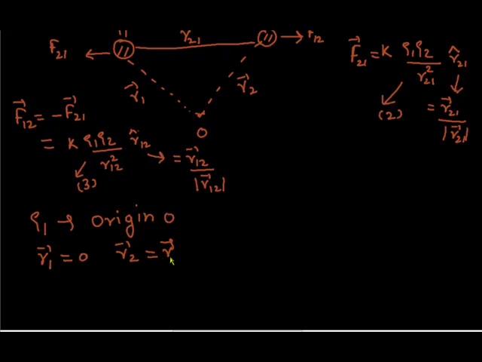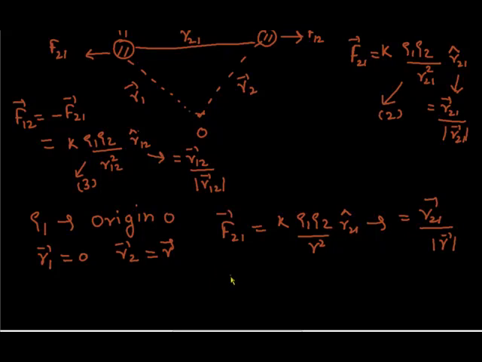Then the Coulomb force can be written as F21 is equal to K Q1 Q2 upon r square R21 cap, where R21 cap is the unit vector given as R21 upon r, directed from Q1 to Q2.